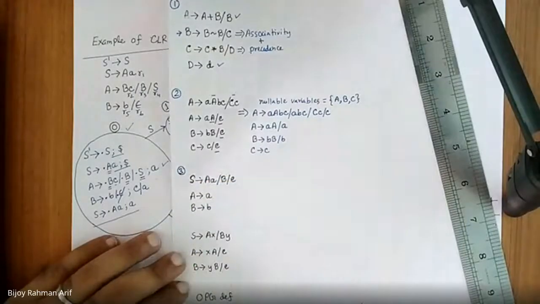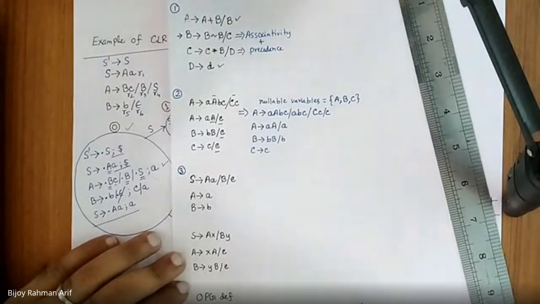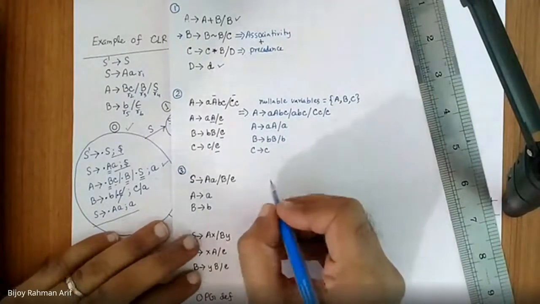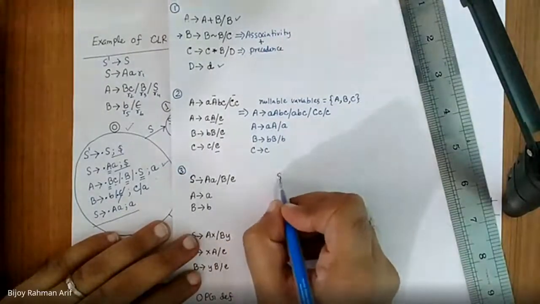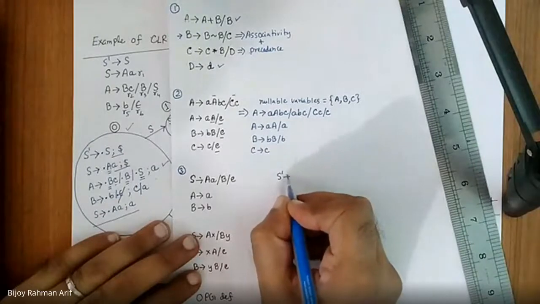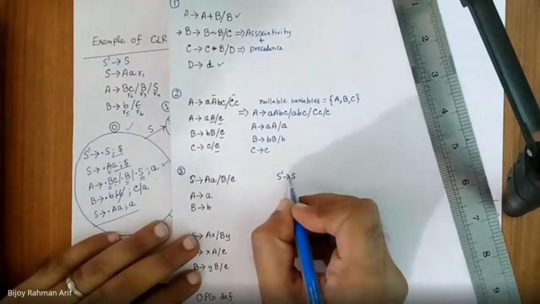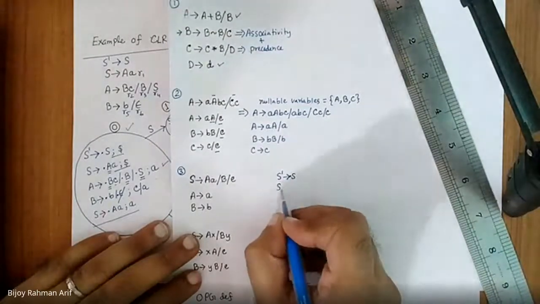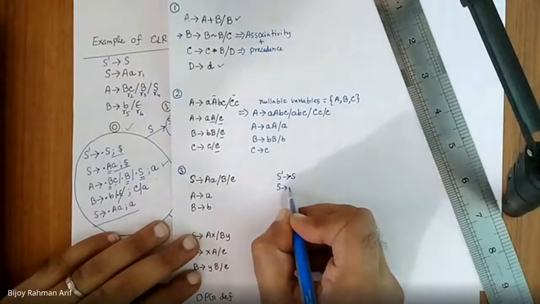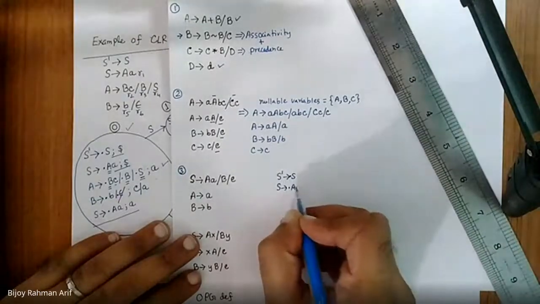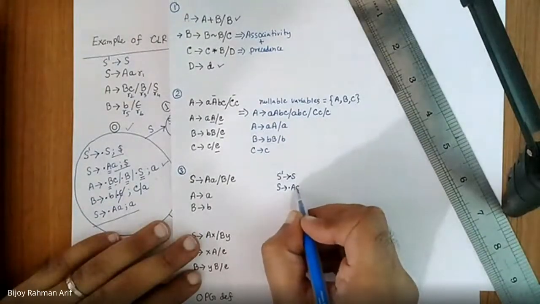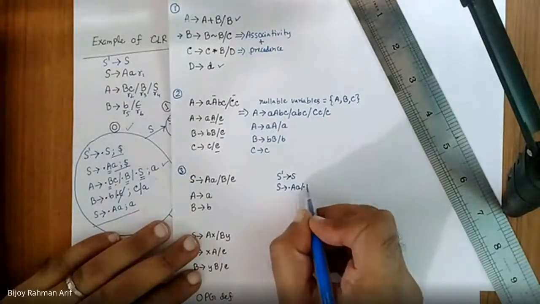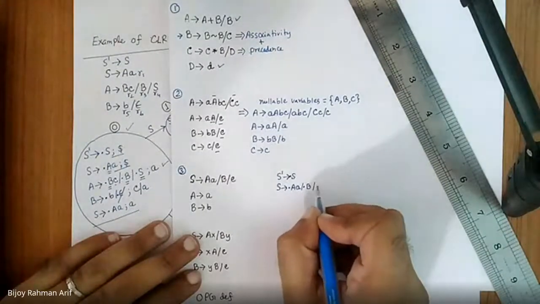Number 3 question. How about this production? Is this grammar LR0? The problem is like this. Let's write this up. Let's add an augmented production. S dash derives dot S, and S derives dot A, dot B, and dot.